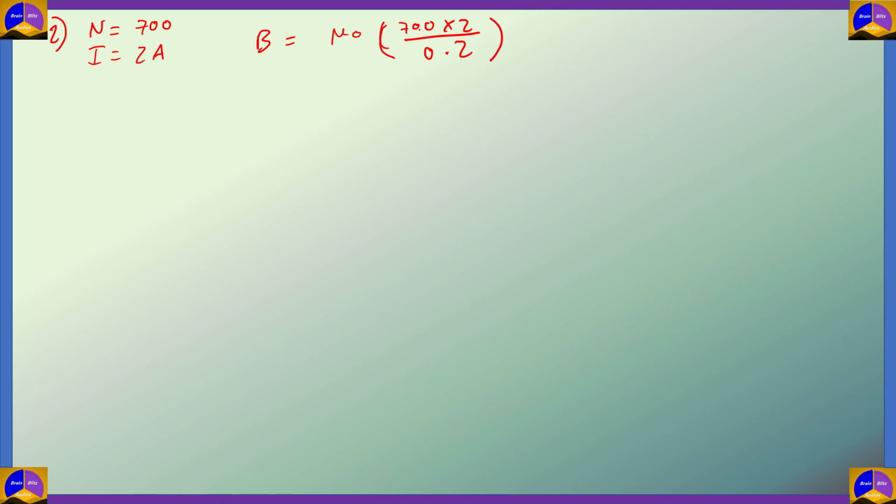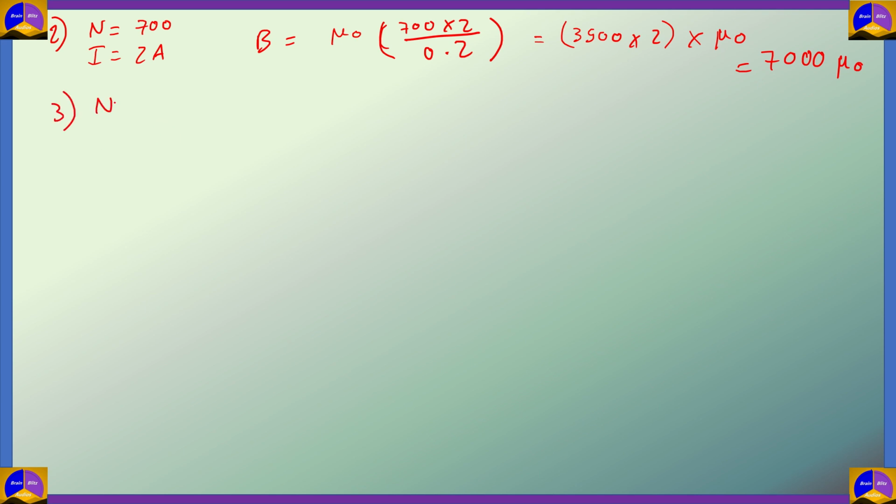So again, 700 times 10 gives you 7,000. 7,000 by 2 gives you 3,500 times 2 into mu naught, which gives you 7,000 mu naught as the value of the magnetic field strength. So it looks like option 2 already has a lesser B value than option 1. But is it going to be the least? Let's look at the others.